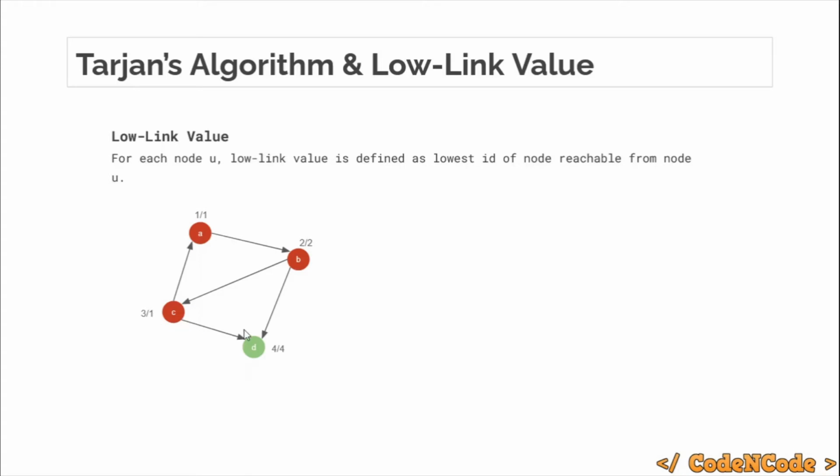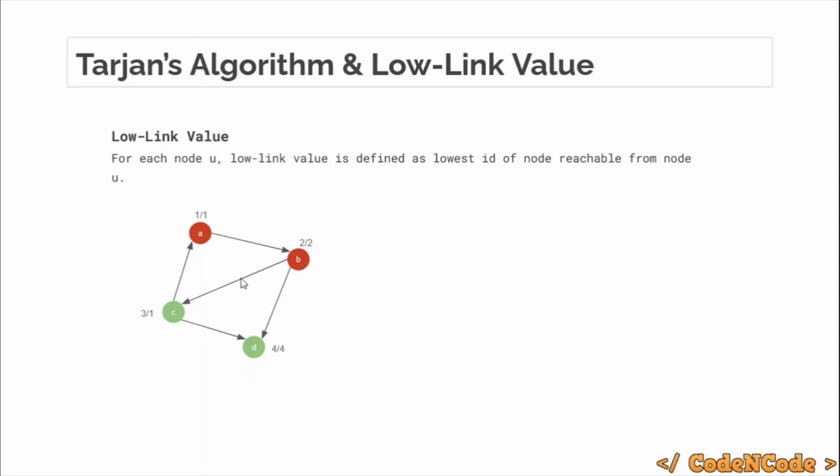Now you have traversed this edge as well as this edge, nothing more to traverse here, so you would go back, right? Now you are at node B. It has completed its DFS call from here. From B you made a DFS call to C because C was not visited, and now that call has completed its execution, so you can minimize your low link value with its low link value, right?